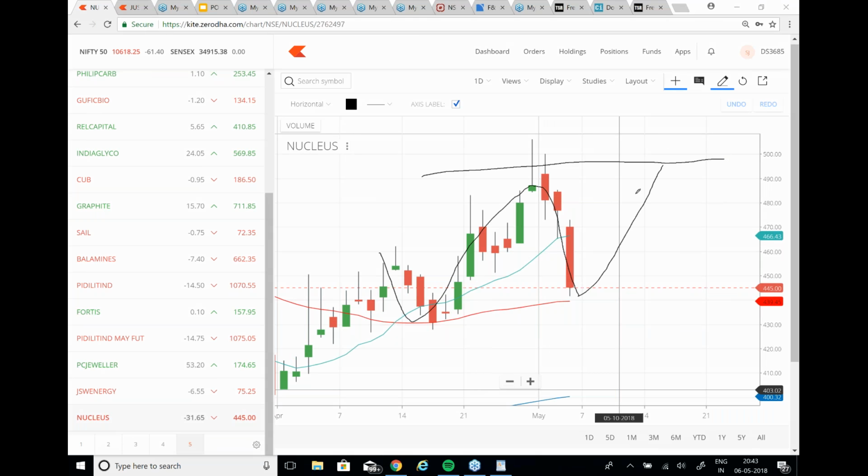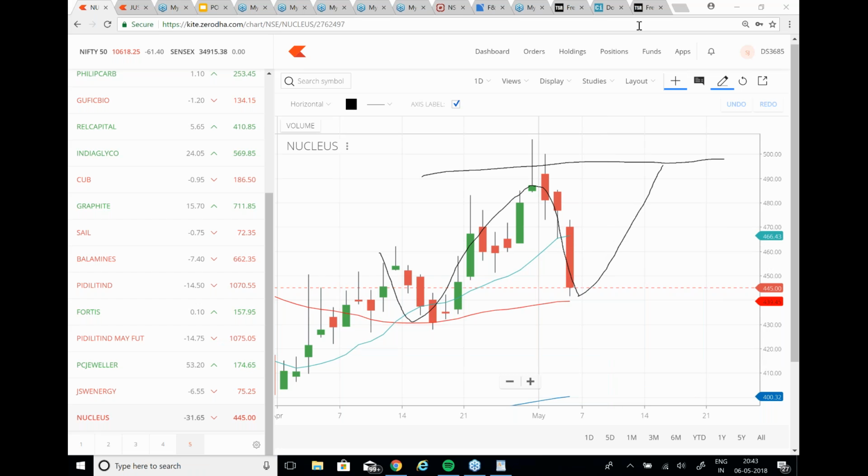If it crosses this hump, then only we have an entry. Our entry is far, far away. Right now, we don't have an entry in this particular stock. We are at 445. Our entry will only come at roughly 500 rupees, right? So we've got to wait in this. But you can keep such stocks on radar from this place.